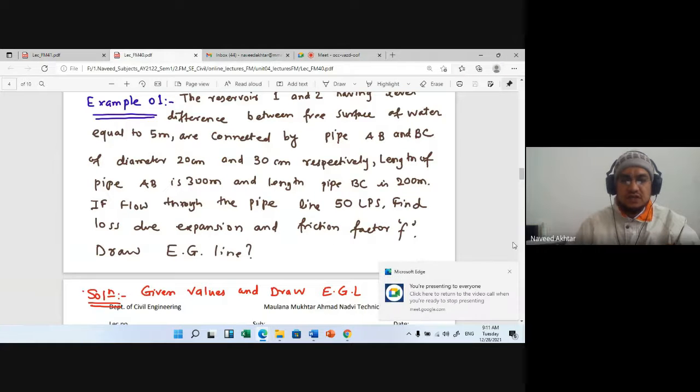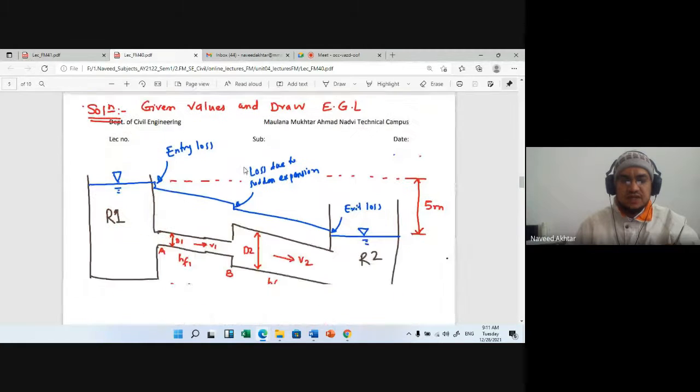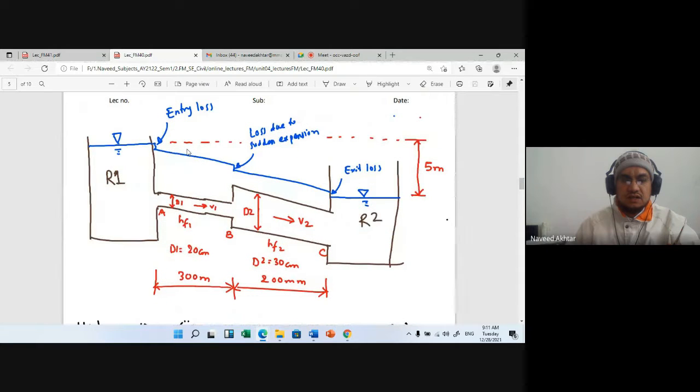So this example is given, and based on it you write down the given data, and we have drawn the figure. Already we have drawn the figure, and we have pointed out how many losses there will be through this pipe in series, because this pipe is continuous, and that's why you can say this pipe is in series, not in parallel. That also you will learn today: what is pipe in series and parallel, and the difference between these two.